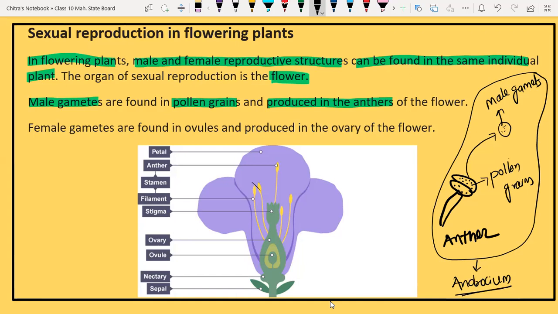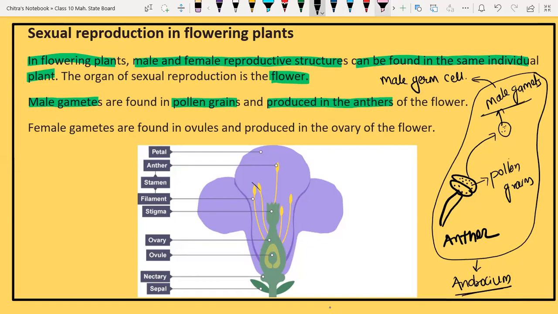Anther contains pollen grains, and inside the pollen grain we have the male germ cell, or male gametes. Male gametes are also called male germ cells. Understood everyone that much? Yes, sir.